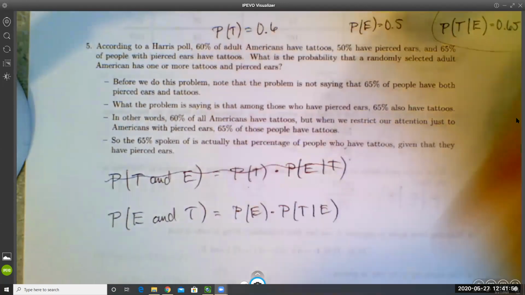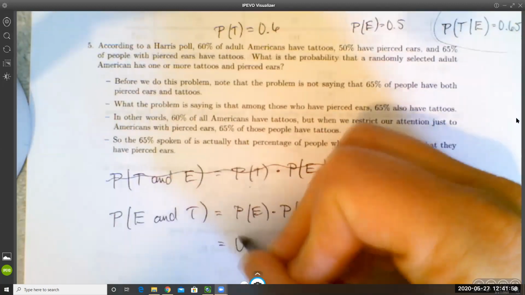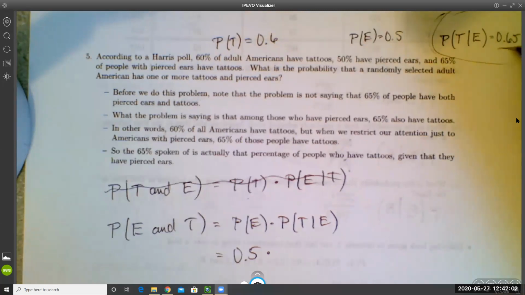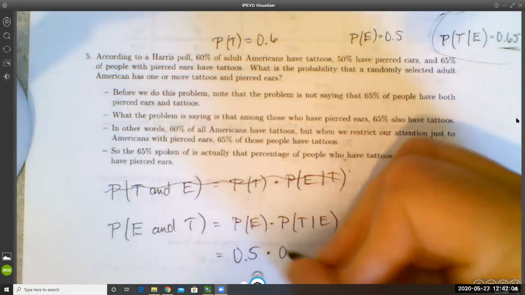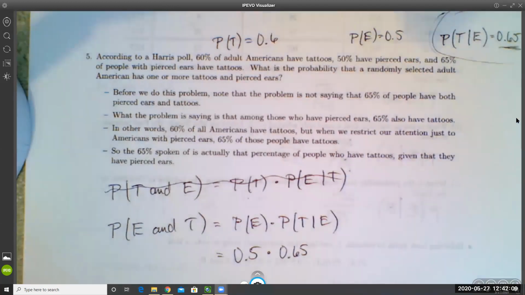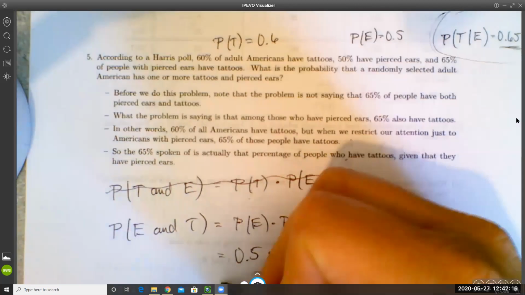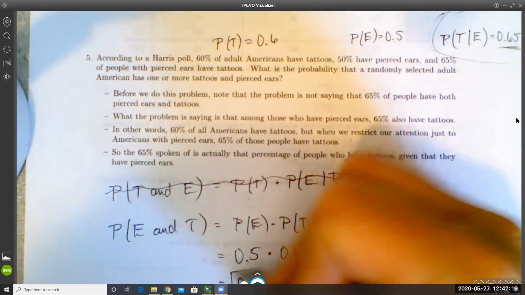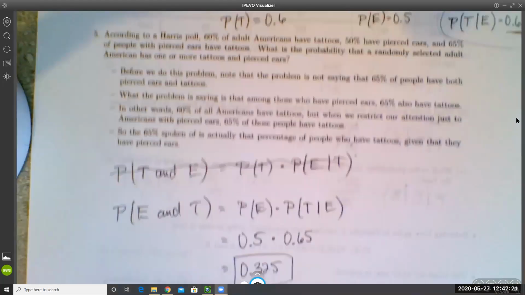I know probability of E is 0.5, and I know probability of T given E is 0.65. 0.5 times 0.65 is 0.325. Okay, and there we go.